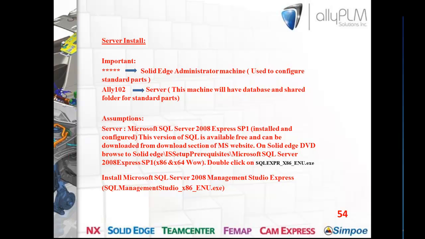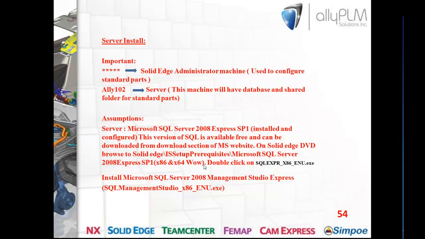Now, on the server, I'm making two assumptions here. Since the standard parts database requires a SQL database installation, this SQL 2008 Express is for ST4. It is a free version. You can download it from the Microsoft website, or it is also on your Solid Edge DVD.